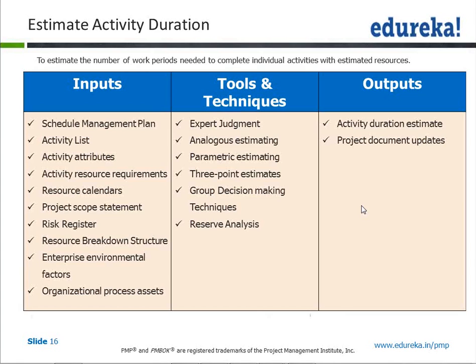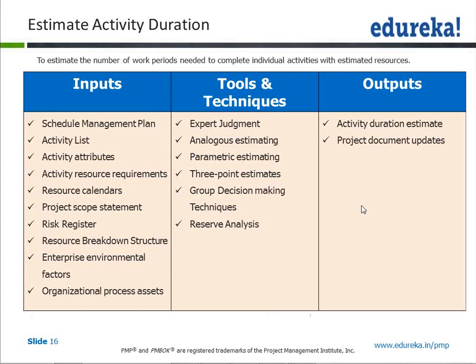Then you take the activity and say whether that activity is small, medium, or large. Then based on your understanding or experience you say that okay, small will take 2 hours or 2 days, medium will take 4 days, and high or large will take 8 days. Then as you get knowledge of more and more projects, you will refine that figure and use that.